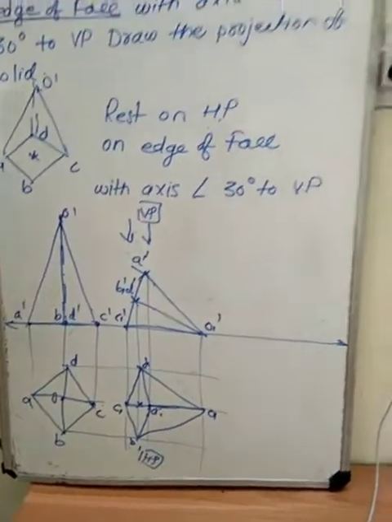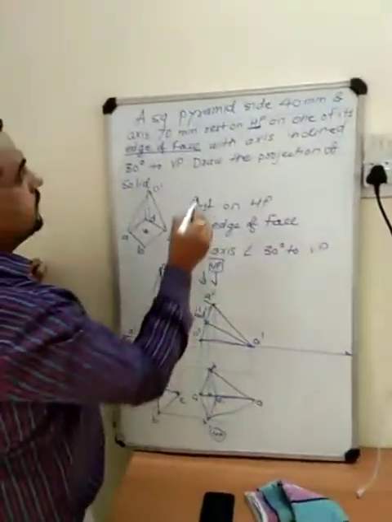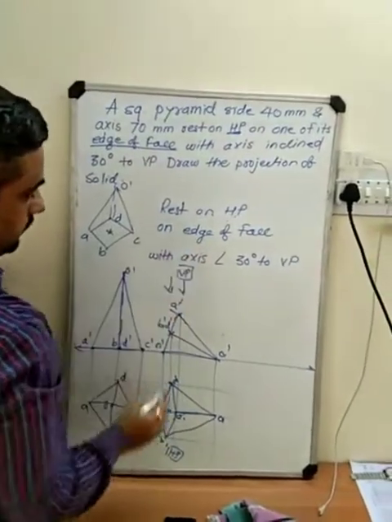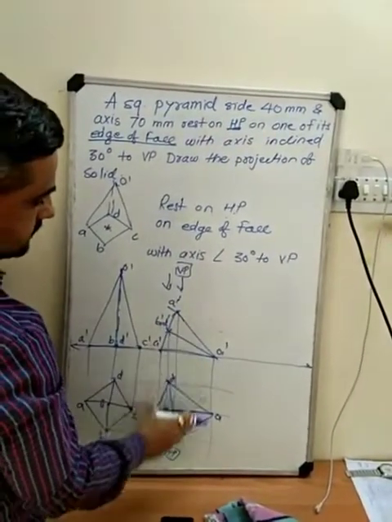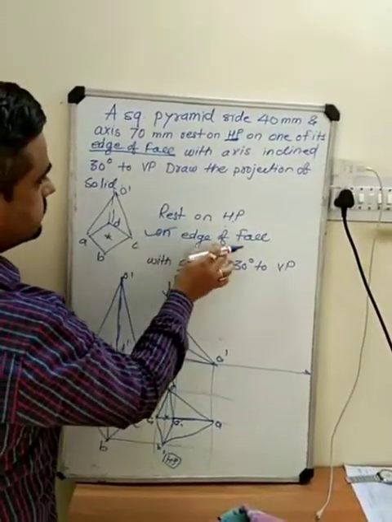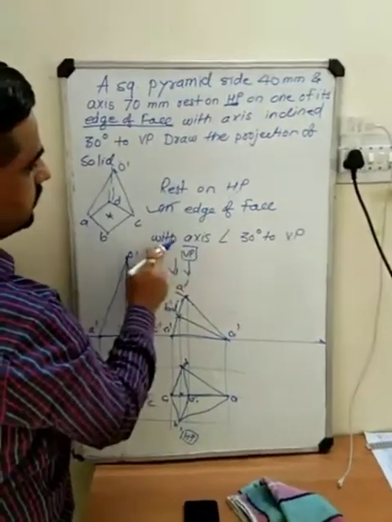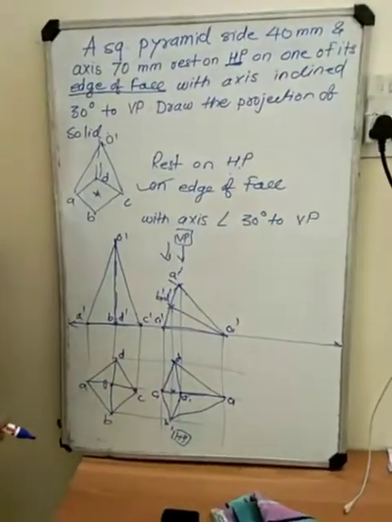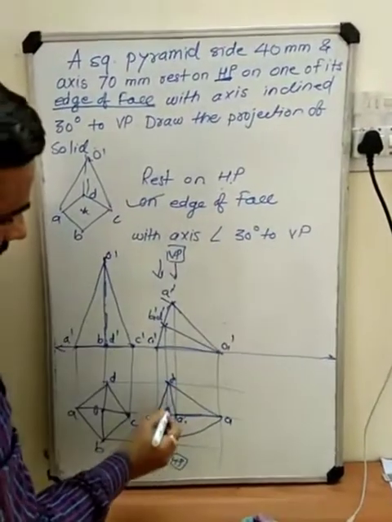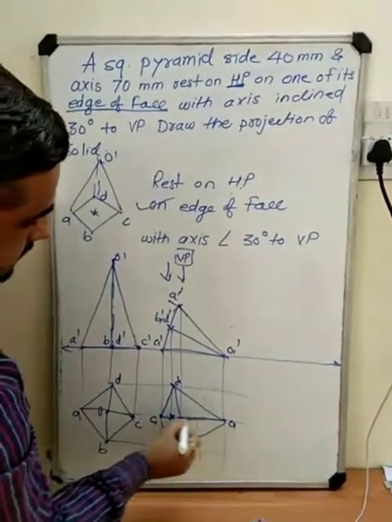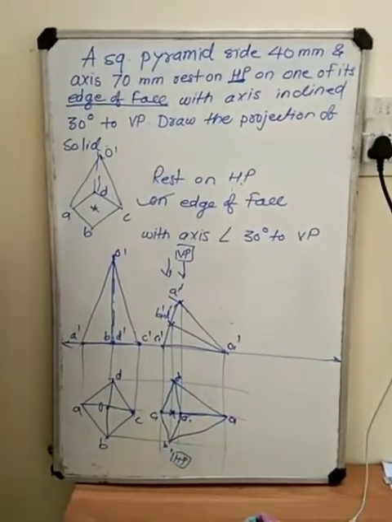Now what would you like to do? After solving the second step, the first condition you have satisfied. Now you have to concentrate on the second condition, where the axis is inclined 30 degree to VP.